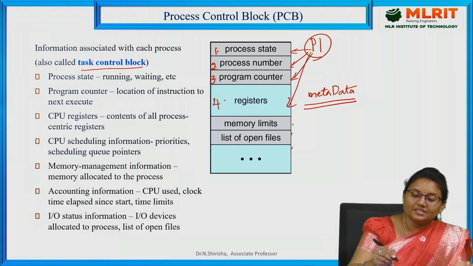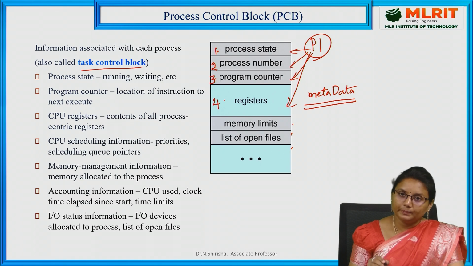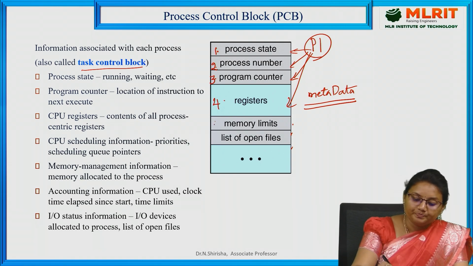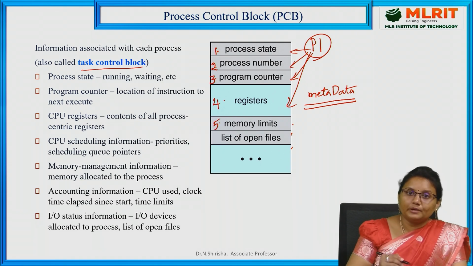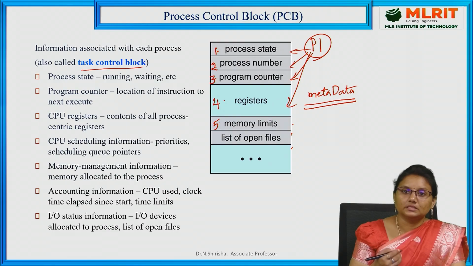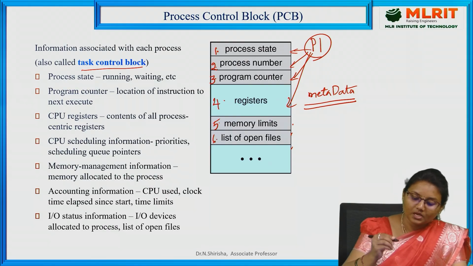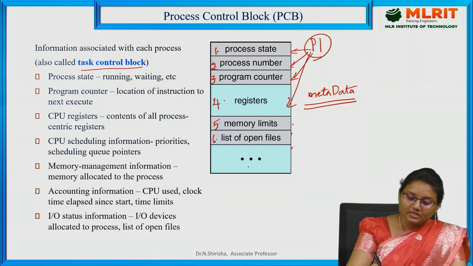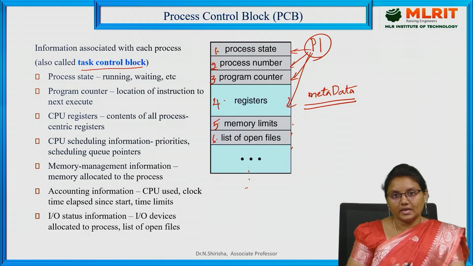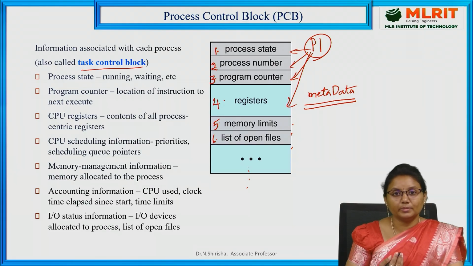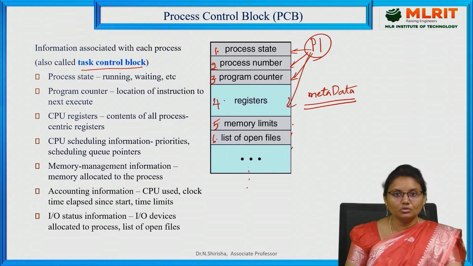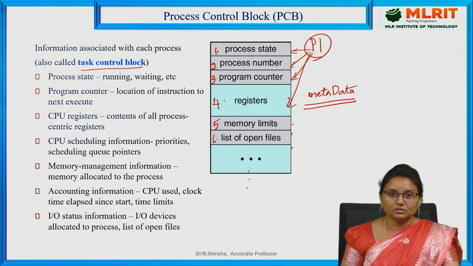Fourth is where the data is stored. So simply we store it in the registers. Then memory limits, from where, what is the offset and what is the limit, and the list of open files. So what is the date, what is the time, who is the owner, whether it is protected or not, when it is modified. All such information is also stored in the form of a process control block.